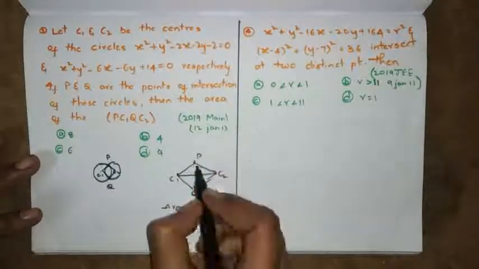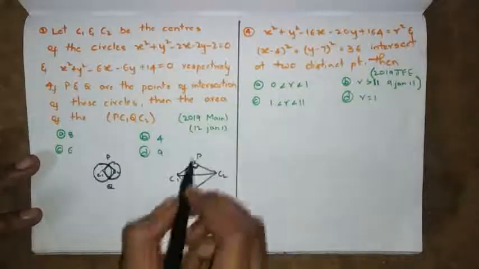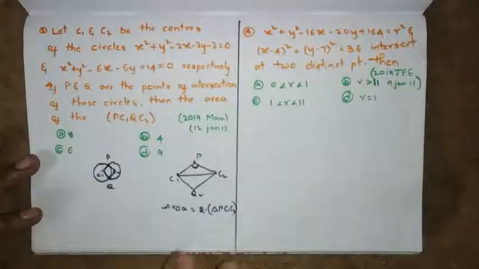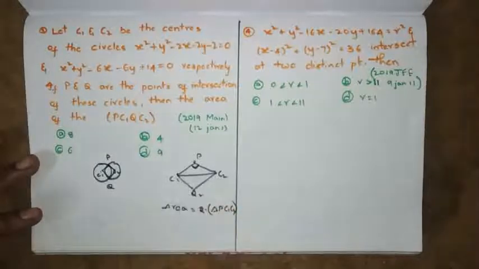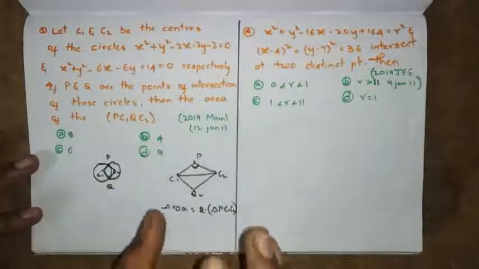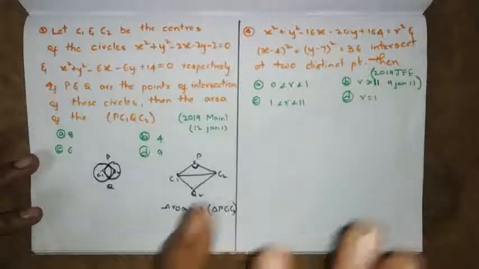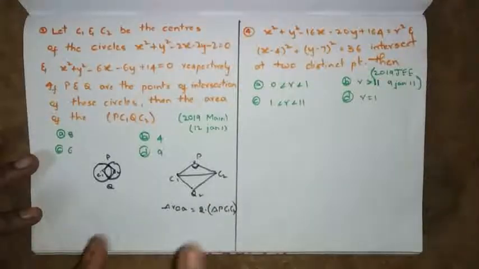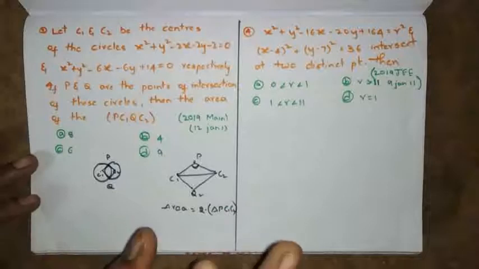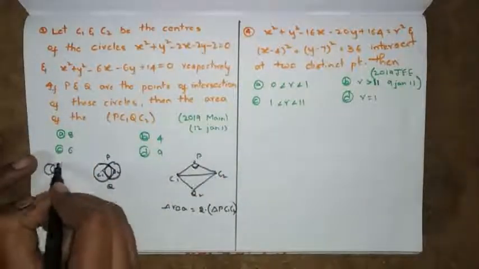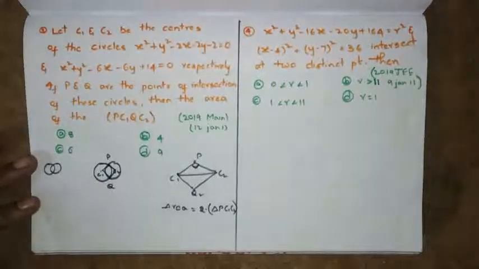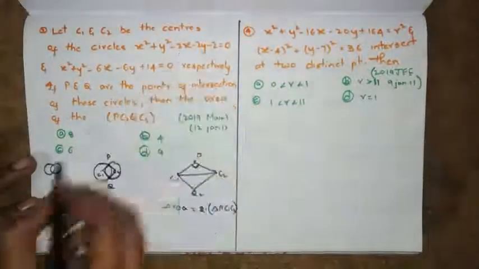If I know the angle between these, if it is 90 degrees, I can write half into base into height, half into this one and this one. So you have to check here the orthogonal condition. Orthogonal condition only comes when there is intersection of two circles. Let's check the orthogonal condition.